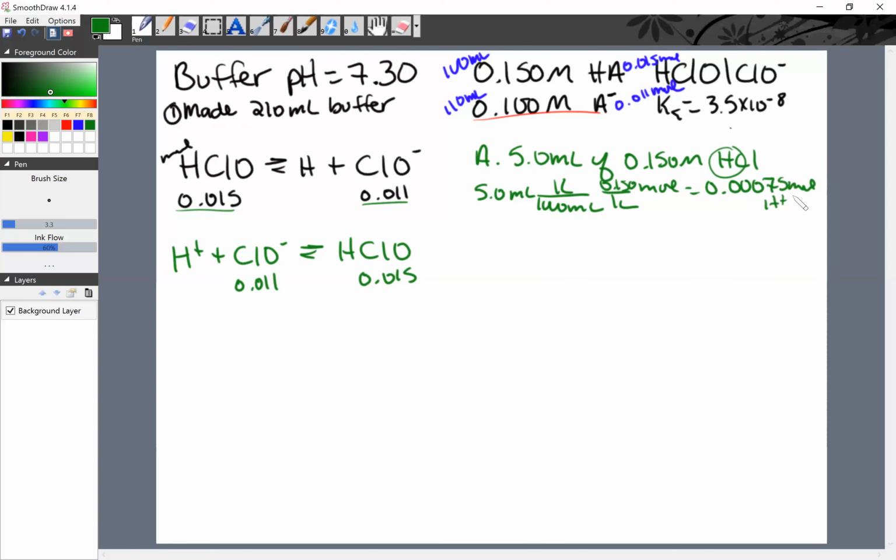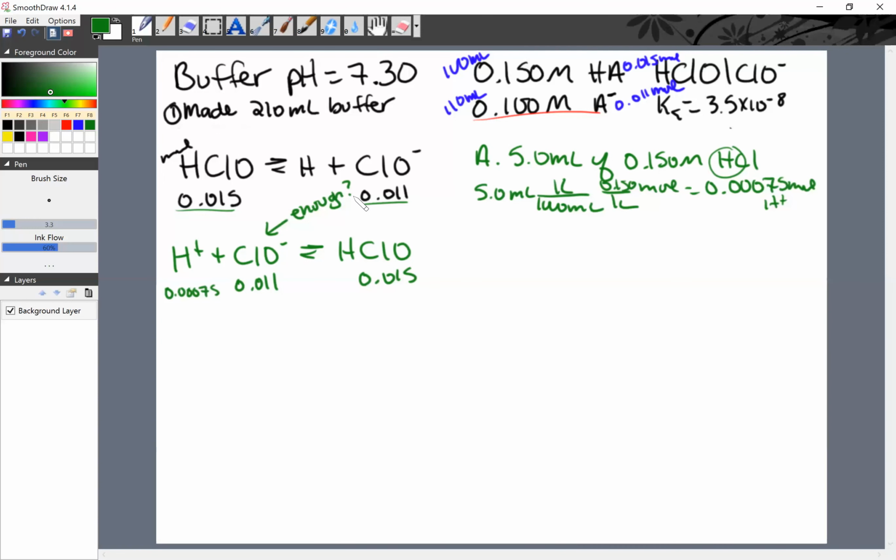Do that calculation again. And yes. Okay, so 0.0075. Wait, all right, my question now is, do I have enough of this to sop it all up? And its number is bigger, so the answer is yes.